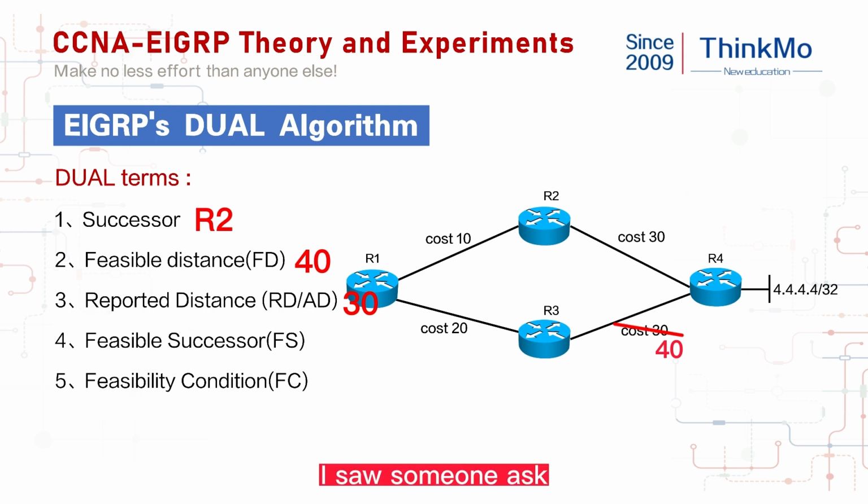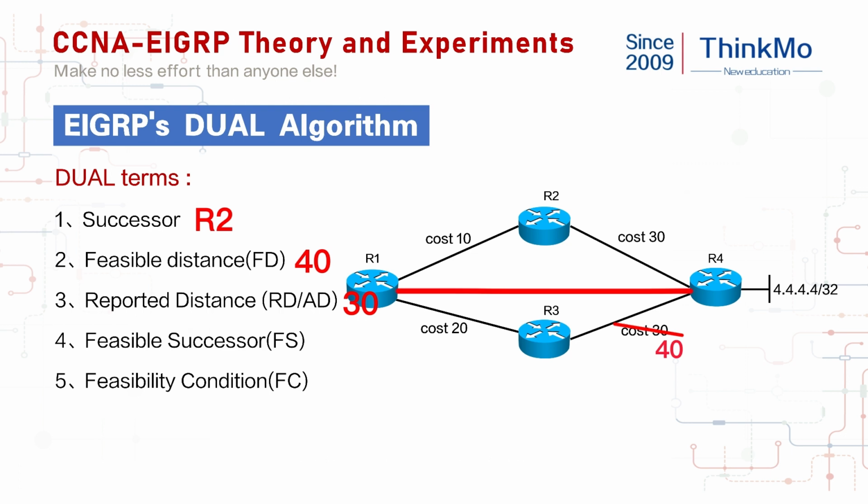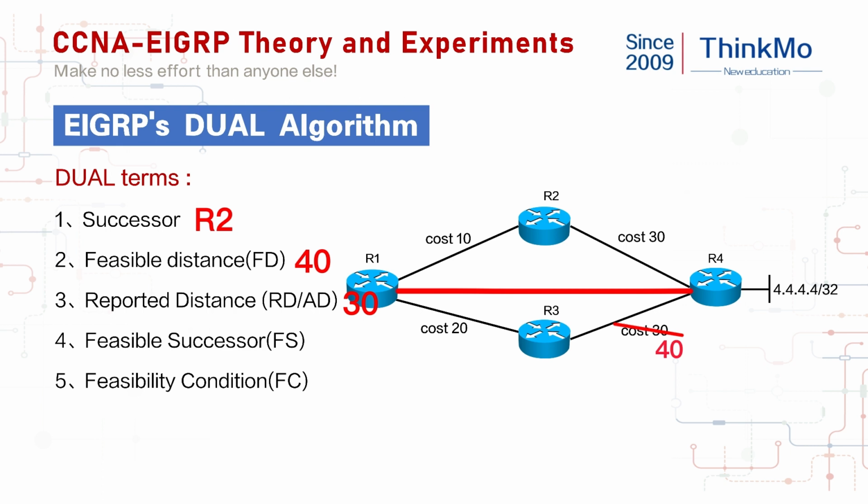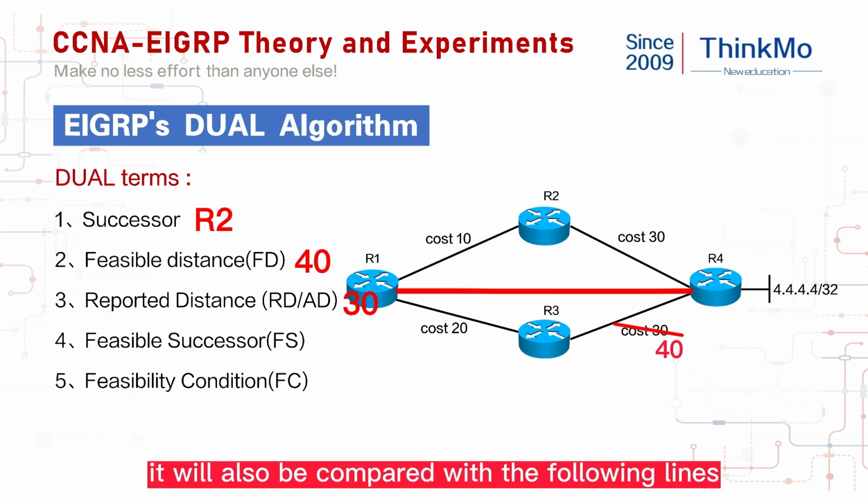I saw someone ask how to choose a backup link when there are 3 lines. It's the same: with 3 lines, you calculate again. As long as a line is eligible, it also enters the topology table. The middle line will also be compared with the lower line.